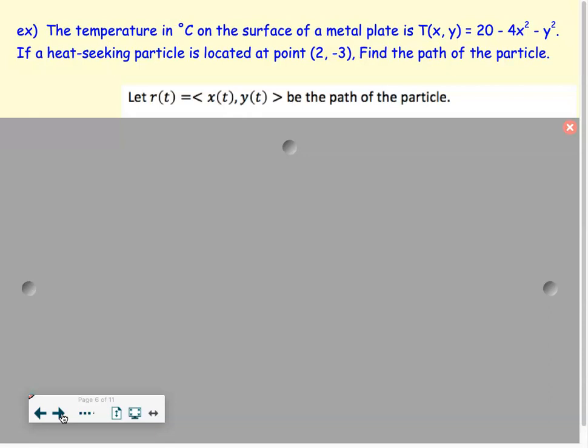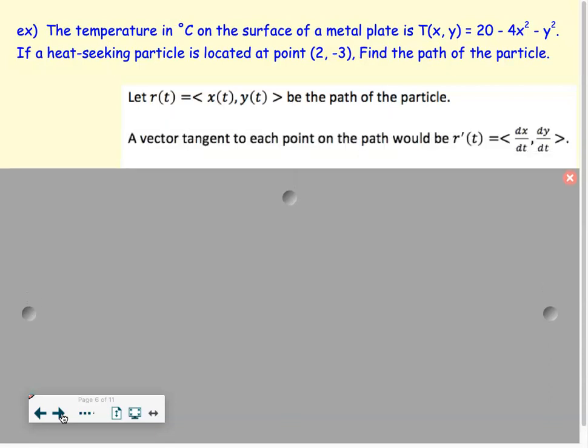It's not the path the particle is traveling. It doesn't give you an equation of a path. It gives you this equation of steepest descent. So anyway, we have this path. The derivative of the path, the vector tangent to each point on the path, would be r prime, dx/dt, dy/dt.